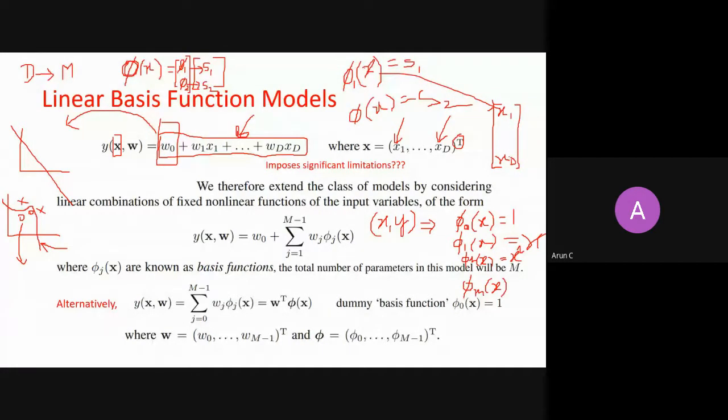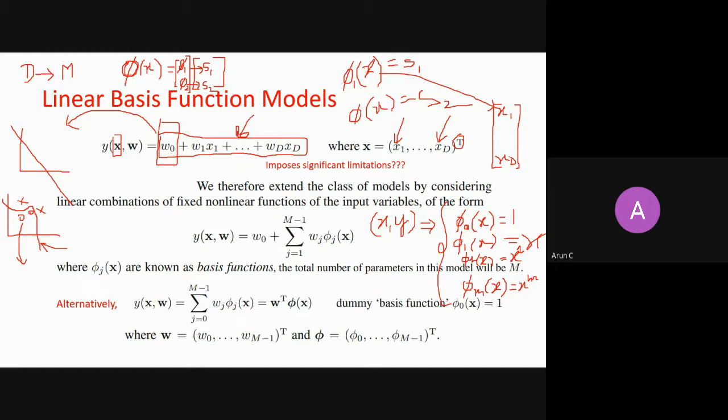X to the power m, right? So in the polynomial curve fitting problem, you were using basis functions of this type. Every basis function takes x and projects it to some power. If it is the mth basis function, it will produce x to the power m, right?